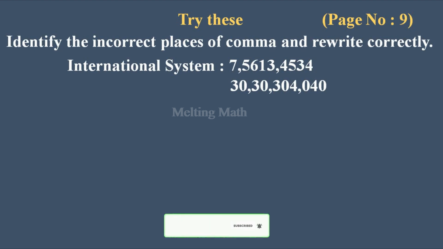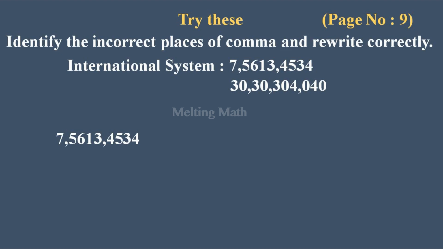Okay, so for correcting the commas, first write the number and remove the commas, then we have to write the places of each digit. Okay, so we know this is the international system, so we have to write the places according to the international system.